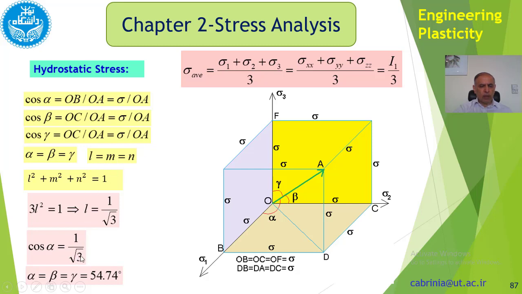Obviously these are all equal, so alpha, beta, gamma are equal, and equal to arc cosine of 1 over root 3, which is 54.74 degrees. So in the hydrostatic state of stress, the direction cosines must be equal to that. In fact, this line OA makes equal angles to all three principal stresses, or to the three axes of stresses. So that's very important for the hydrostatic stress.